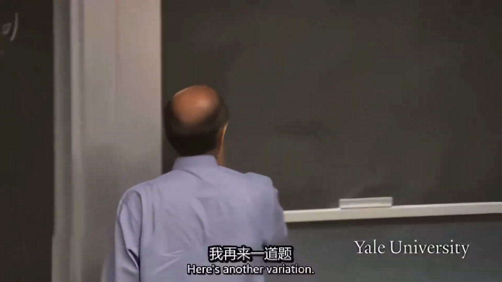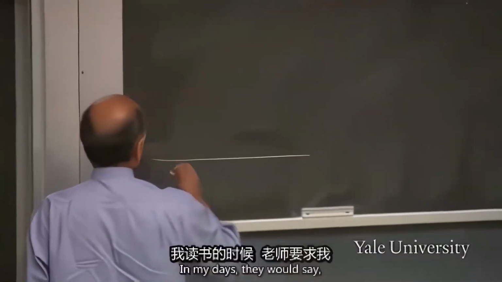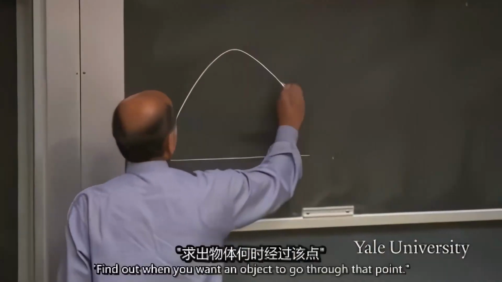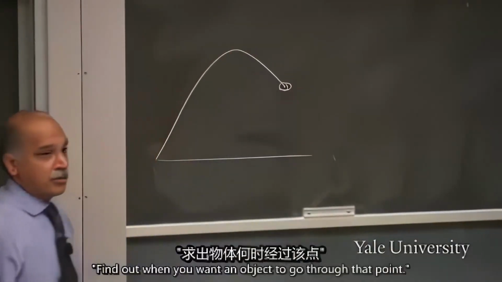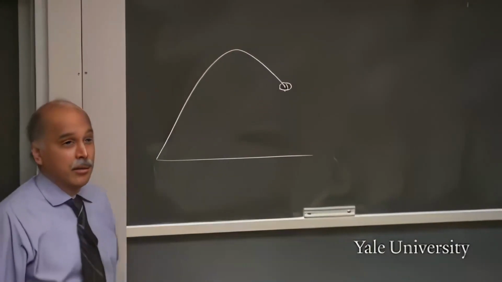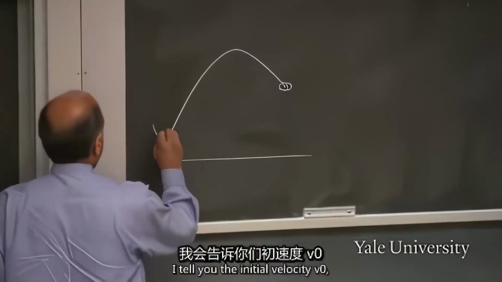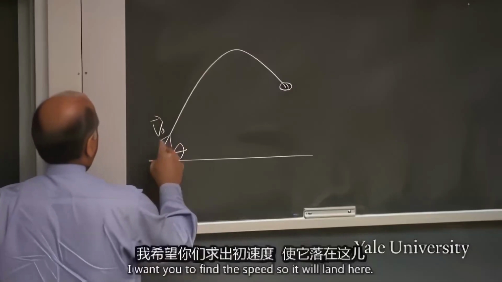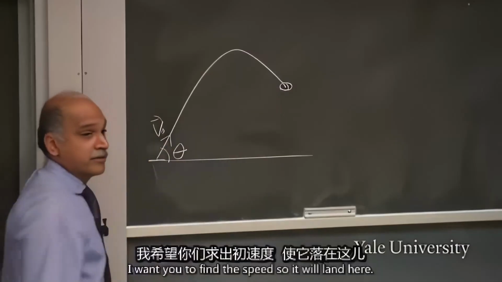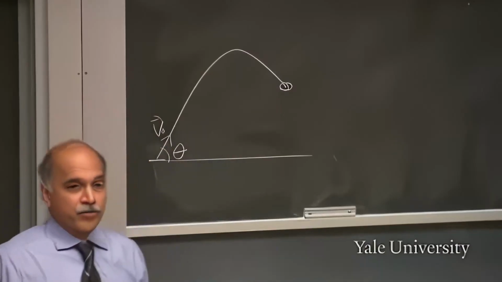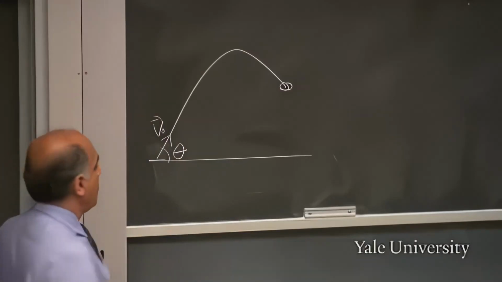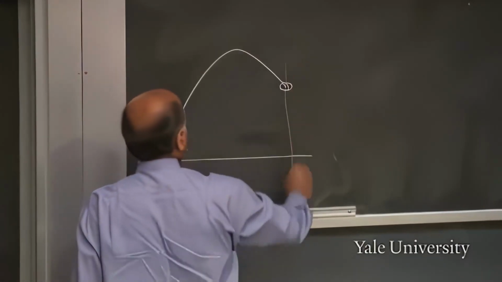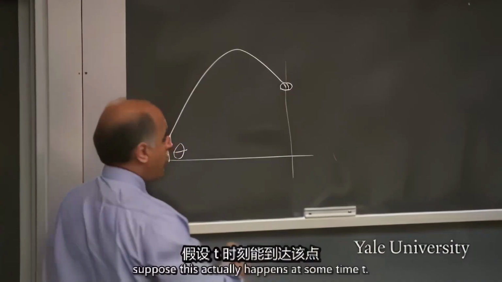Here's another variation. In my days, they would say, find out when you want an object to go through that point. I tell you the muzzle velocity v naught, or I tell you at what angle I fire it, and I want you to find the speed so it'll land here. So how do you do that problem? You do it by saying, suppose this actually happens at some time t.